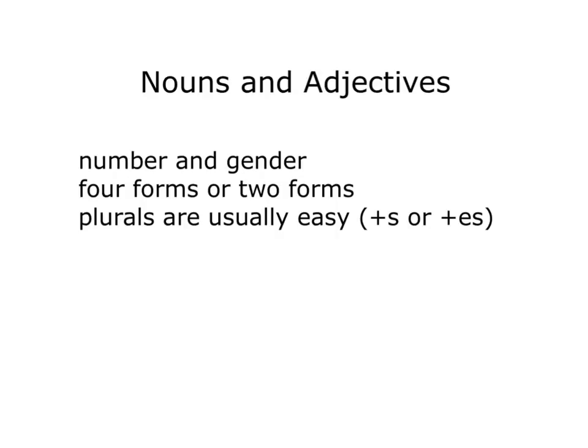Let's look back at what we've learned in this video about nouns and adjectives. We know that we need to be concerned about number, singular and plural, and gender, masculine and feminine, when we're working with nouns and adjectives in Spanish. We know that most adjectives in Spanish have 4 forms: masculine singular, feminine singular, masculine plural, and feminine plural.